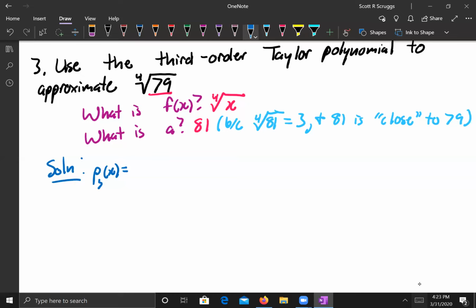So going back on topic, what do y'all get for the third order Taylor polynomial?